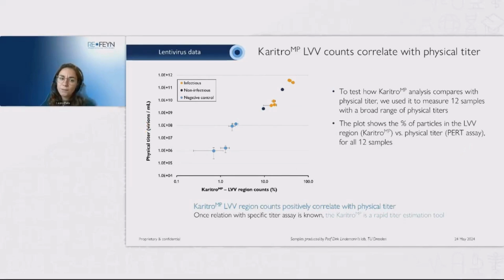And what you can tell from this is that there is a really nice positive correlation between the two methods, because effectively the KaritroMP can be used as a rapid estimation tool once the specific titer assay is known. And again, let's remember that every measurement would take a few minutes per sample.